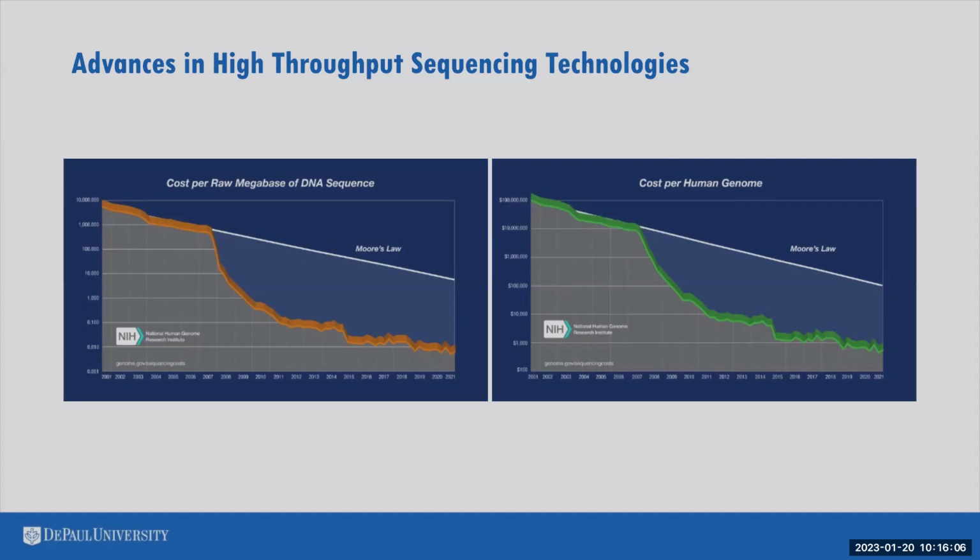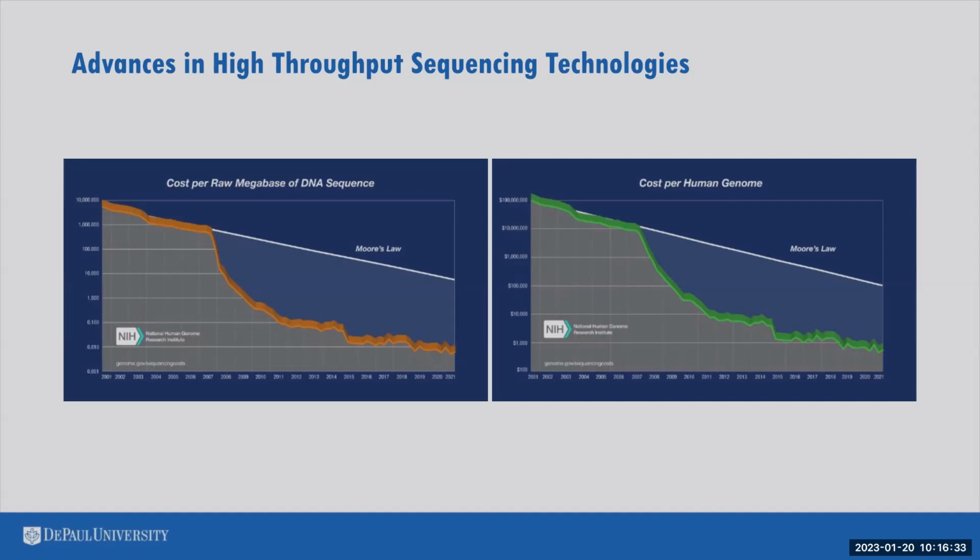So when next generation sequencing started coming up, we see the cost dropping tremendously, and they always compare it with Moore's law, because in electronics and computer science, Moore's law basically states that every 2 years you're going to get advanced chips and sensors that progressively increase your compute power.